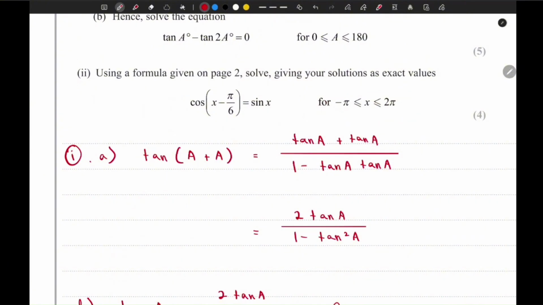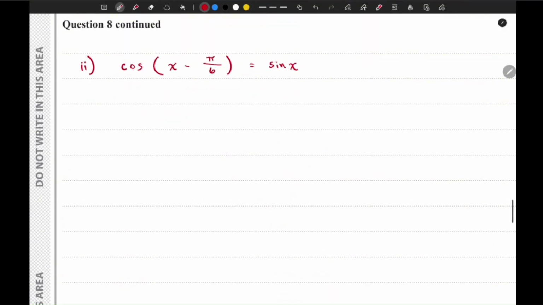We need to use a formula given on page 2, basically an expansion formula. So let's first expand this. This will be cos x times cos pi over 6 plus sine x times sine pi over 6 is equal to sine x.